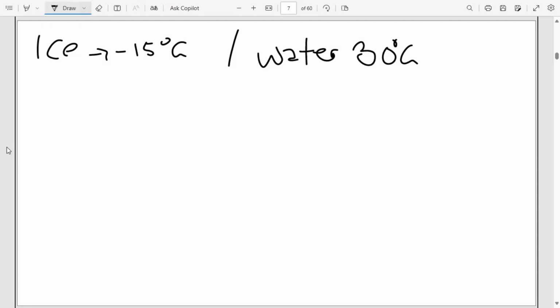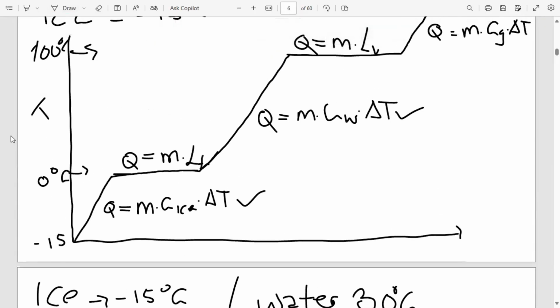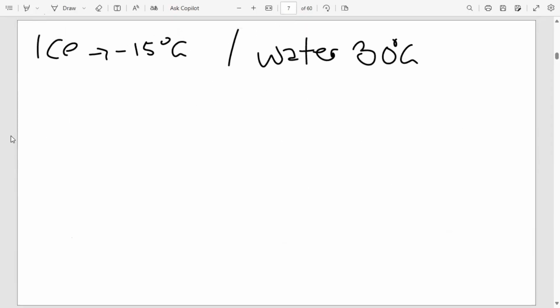And how are these Qs distributed over this graph that we've just drawn here on top? Here, you can see the Qs, which are just showing us the actual heat. So where are these heats actually coming from?